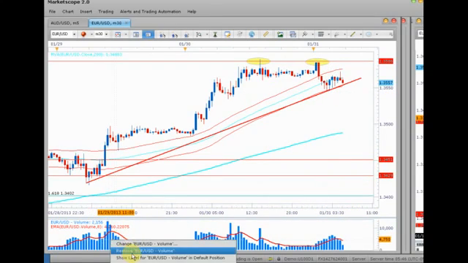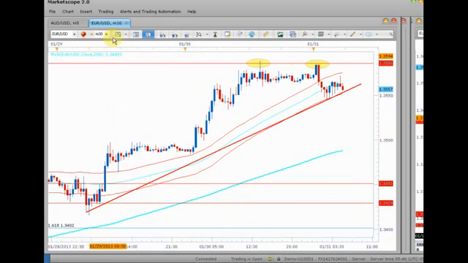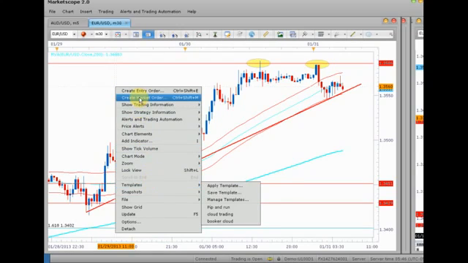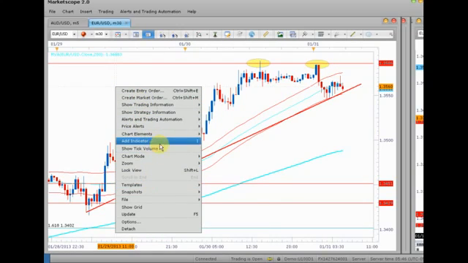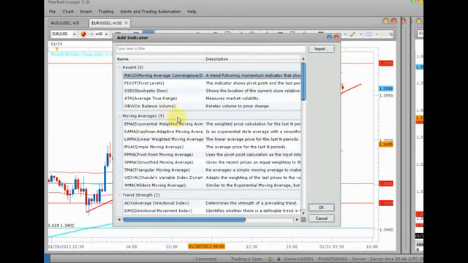Let me remove this volume indicator and remove that as well, and put my other indicators on. I'm going to put in my MACD, a couple of indicators I like using.